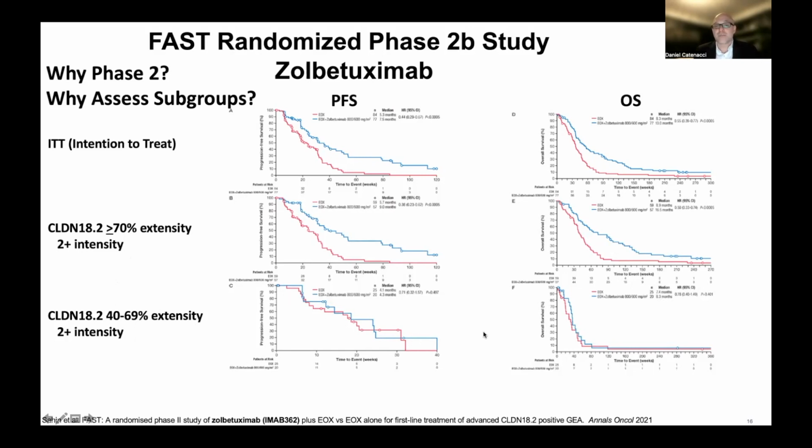There's no benefit between the two arms, whereas it's all driven by those at the higher cellular expression. And so, in fact, this is what led to the selection criteria cutoff for the phase 3 studies, and will now be the new standard way of looking at this. And so this was learned from this precursor phase 2b randomized study to really narrow down what that biomarker should be.